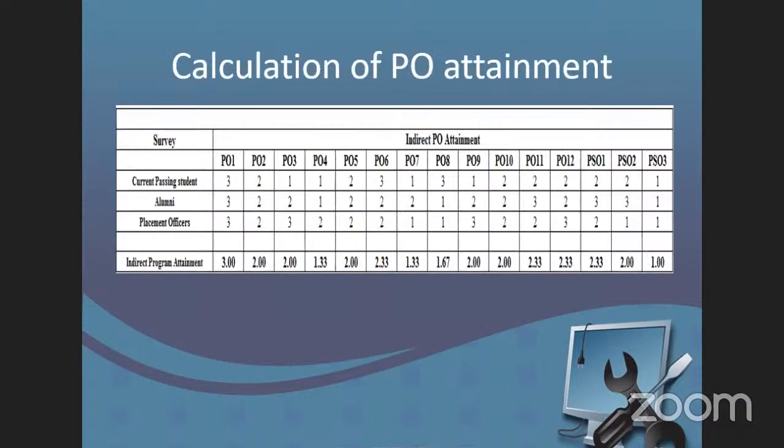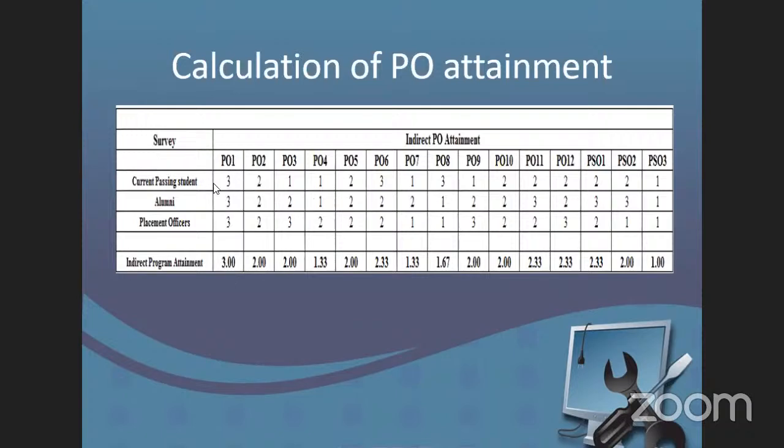Then I frame a table for indirect PO attainment. Again, the table is the same for indirect CO attainment as well. Instead of COs, it will be POs here. This is the indirect PO attainment. So for PO1, the current passing out students have given 3.